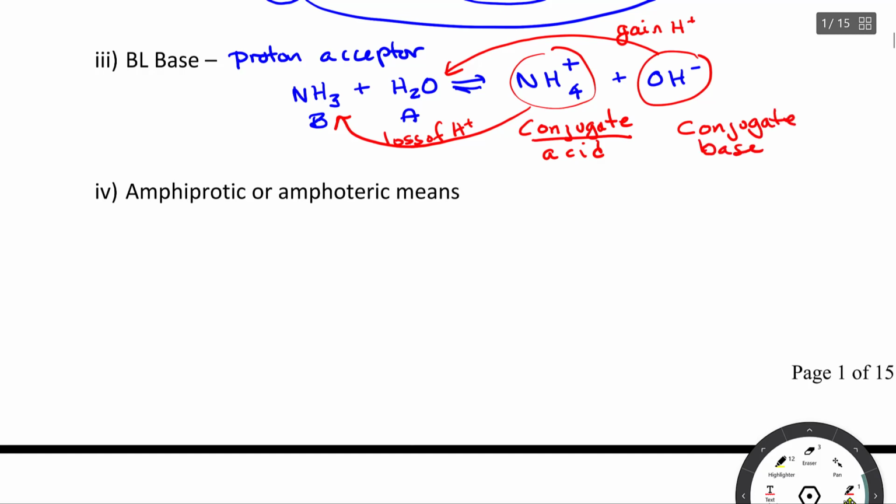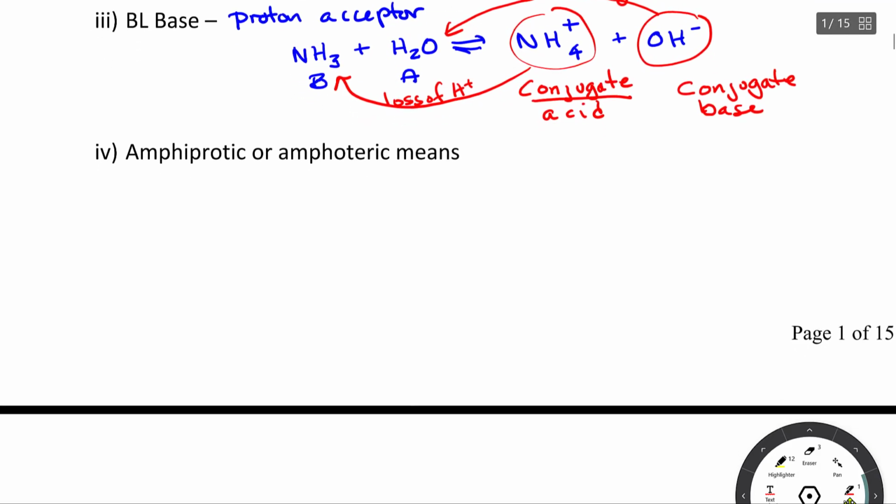Now, this Bronsted-Lowry definition opens up a whole bunch of different possibilities for what acids and bases are. And there are some compounds which we call amphiprotic or amphoteric compounds. So take a look at this reaction. I'm going to take H2O and put it with, say, HF.